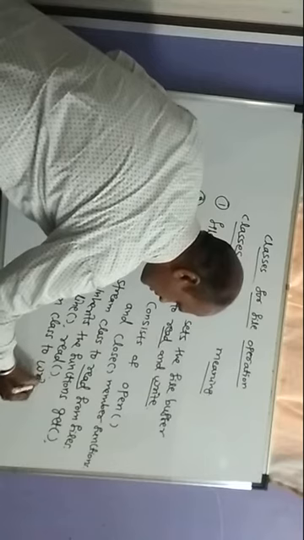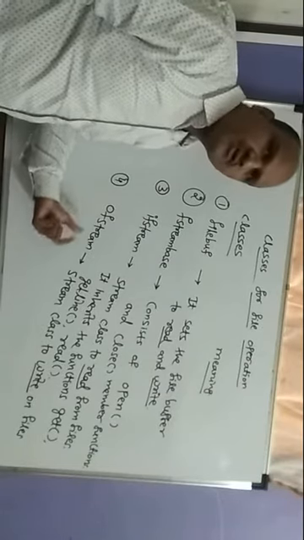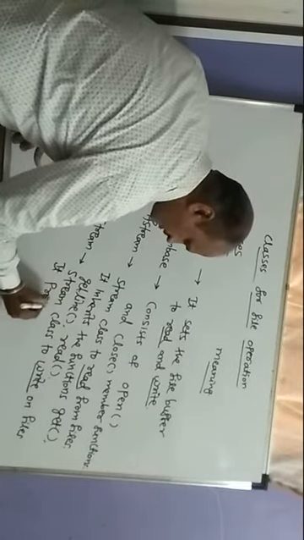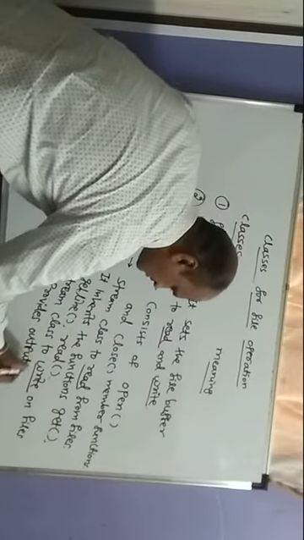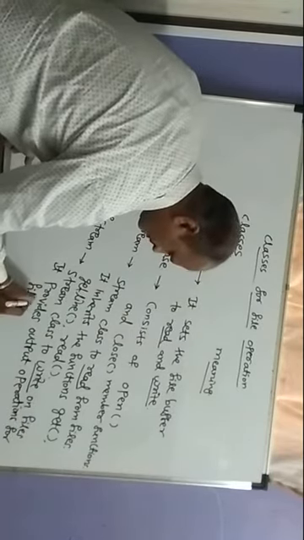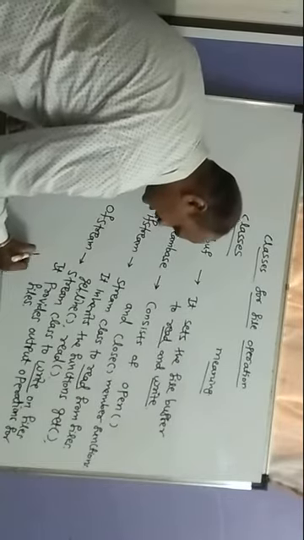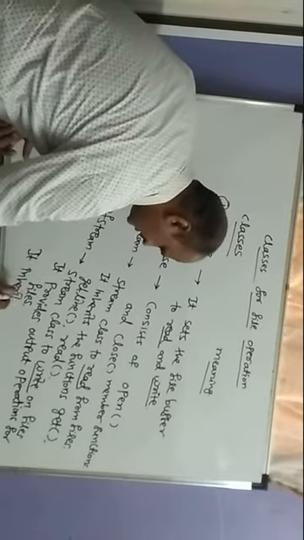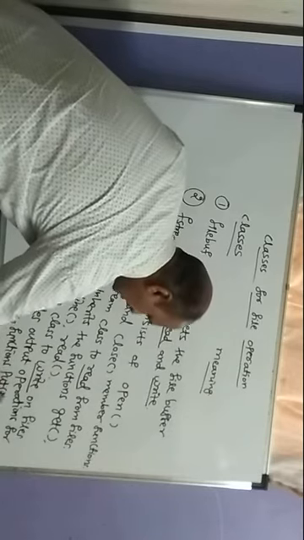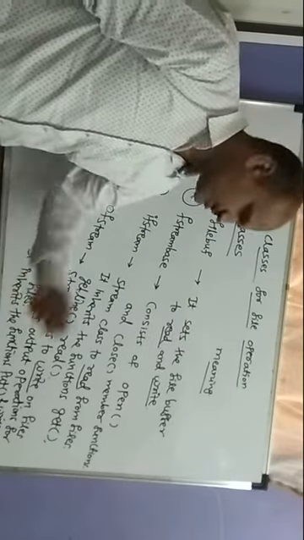It provides output operations for files. Here it also inherits the functions put and write, because it is an output stream, so we use the put function and the write function.